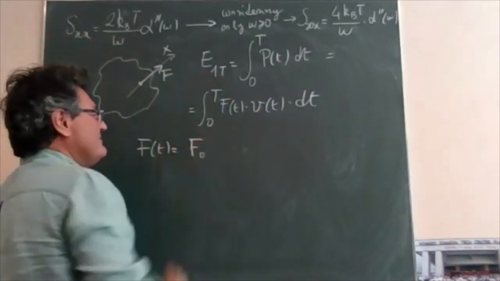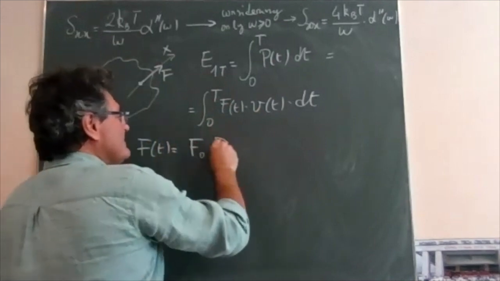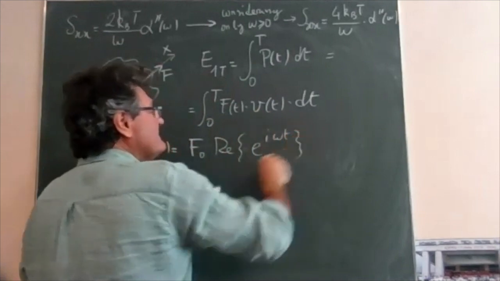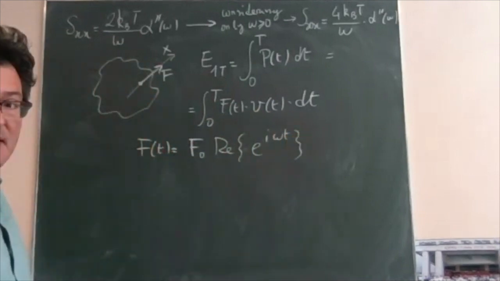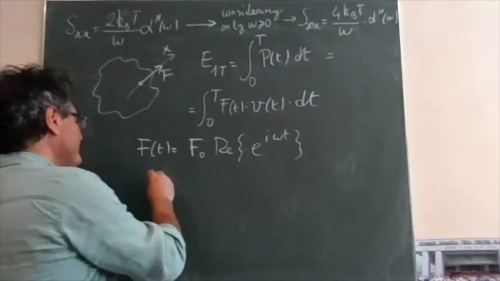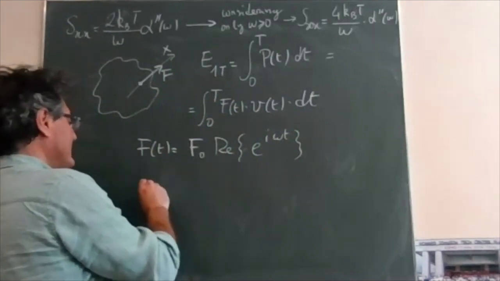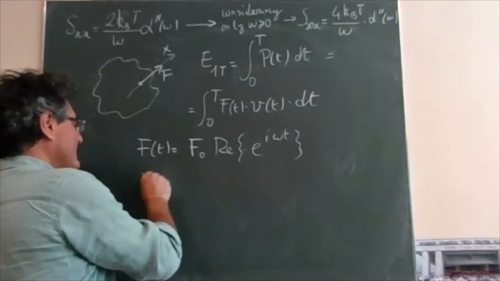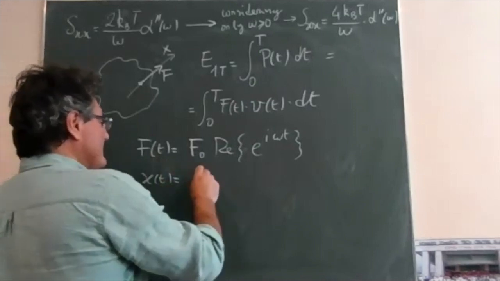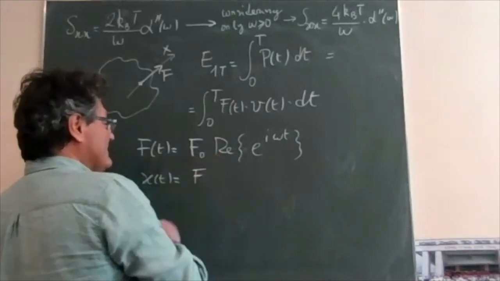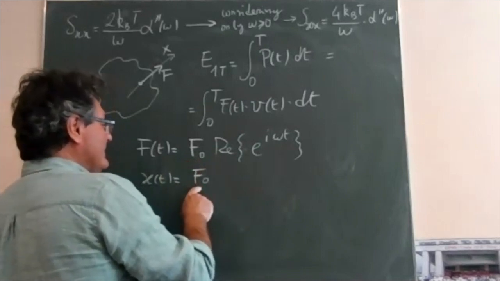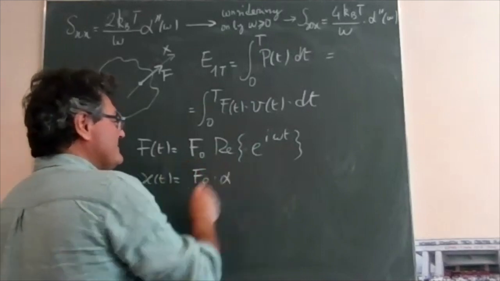So the force is F naught, real part of e to the i omega t. This is the excitation. So the response x of t is F naught times alpha.